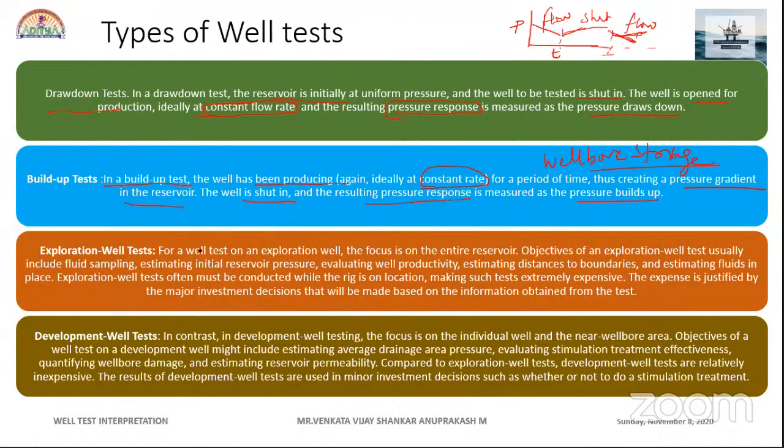Exploration test. For a test on an exploration well, we don't have any information regarding the reservoir. What we want to do is get as much detail about the reservoir as we can. So that is the objective. The objectives of an exploration test usually include fluid sampling, estimating the initial reservoir pressure.